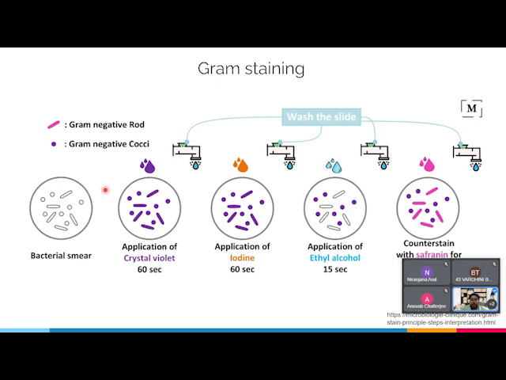One of the people who looked at it was Gram, and he realized that depending on the cell wall characteristics of various bacteria, he can differentiate them based on a very simple staining procedure, and that is what he named as Gram staining.